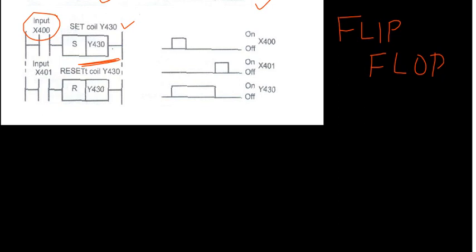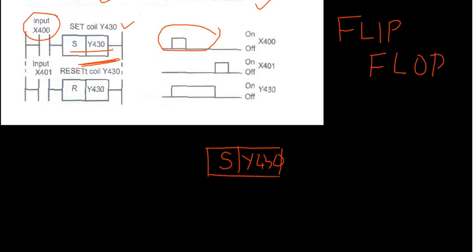You have a coil something like this, wherein Y430 is the name of that coil, followed by S here, that indicates that it is a set coil, and accordingly you can see the output. So when your X400 in this case is appearing as the input, at that moment your output, that is Y430, appears, right?